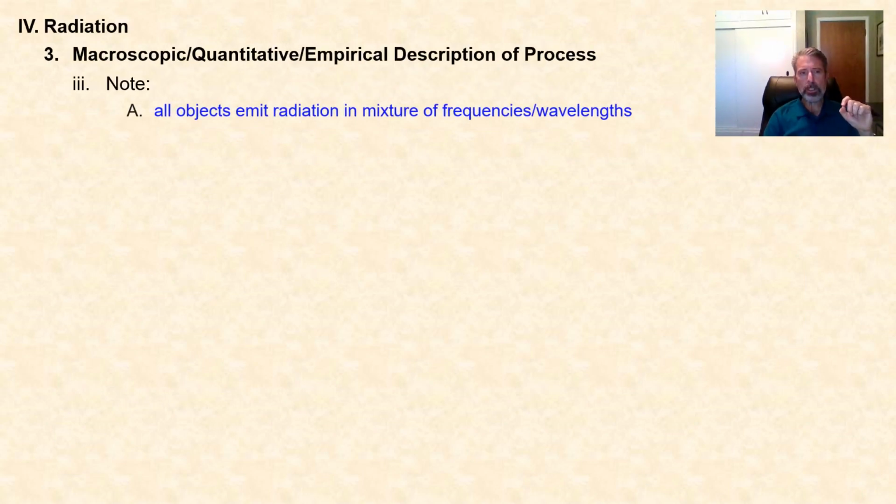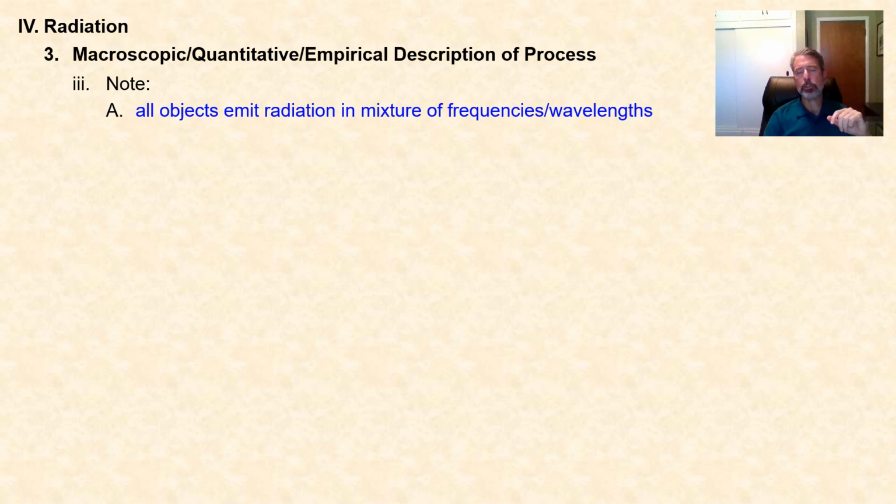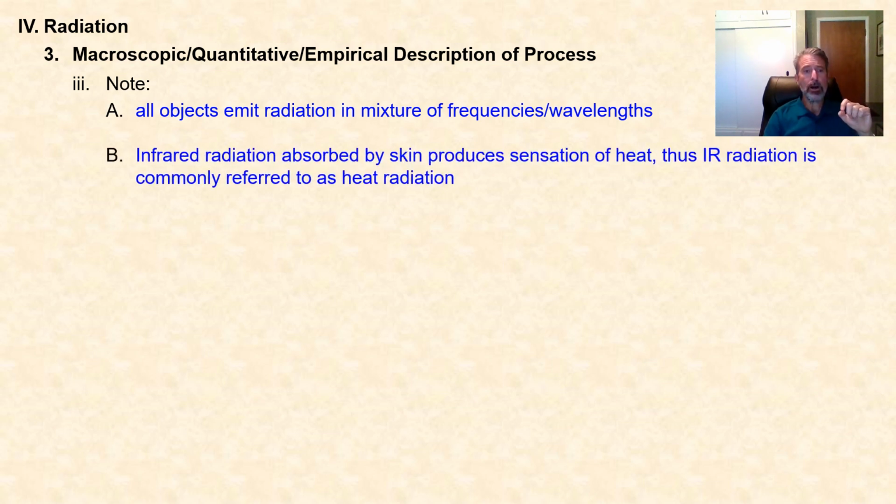It should be noted that all objects emit radiation in a mixture of frequencies and wavelengths. And as we'll say in a little bit, an object emits radiation, but the frequency or wavelength of the radiation that is most significant will depend upon the temperature of the object. Infrared radiation absorbed by the skin produces a sensation of heat.